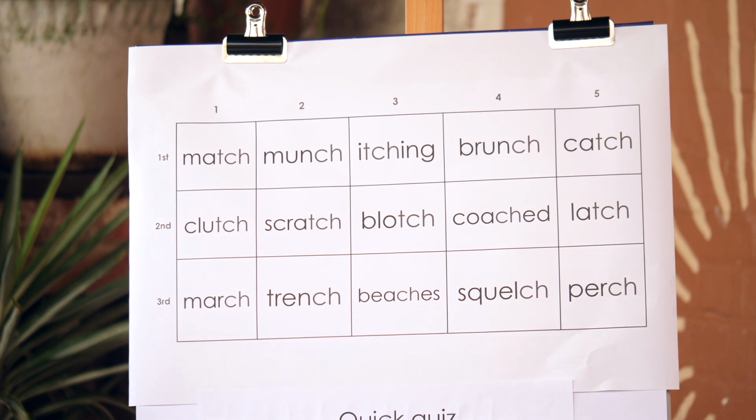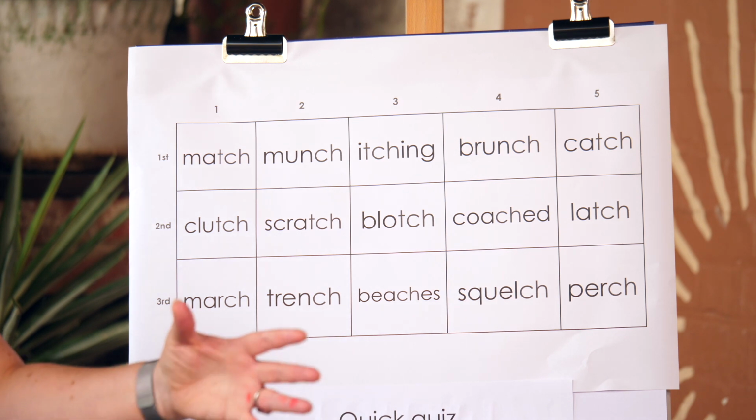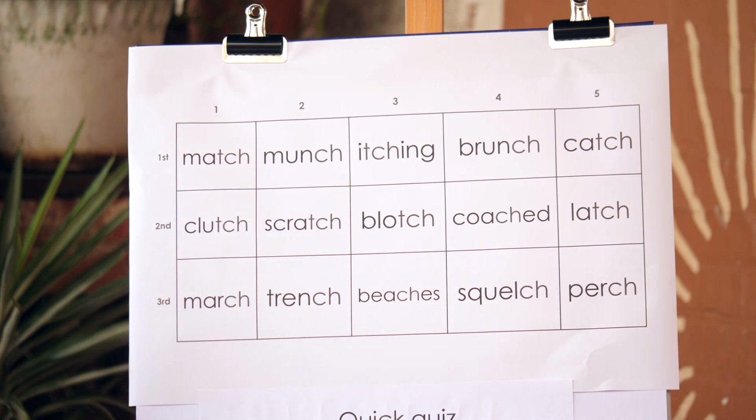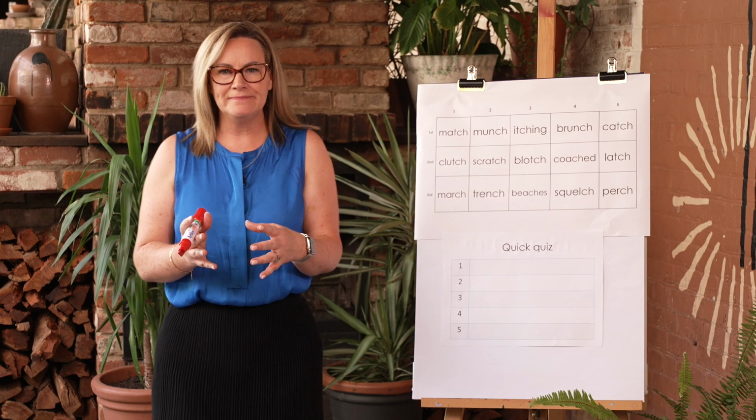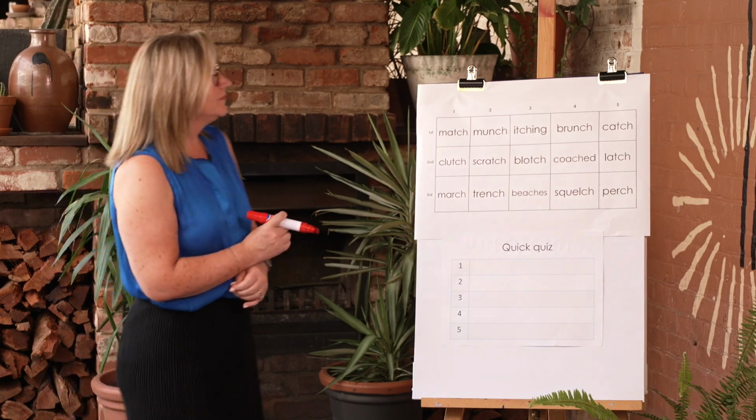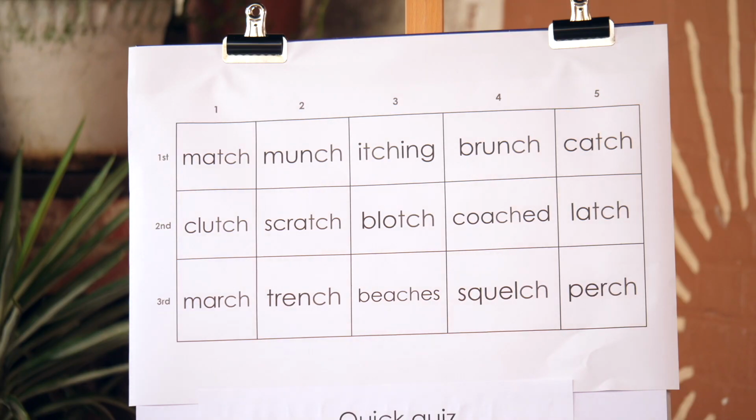Okay, in row number 1, write me the word that is a mush together of breakfast and lunch. What do we call that? When we mush breakfast and lunch together, what's it called? Find it. The word's in the first row.